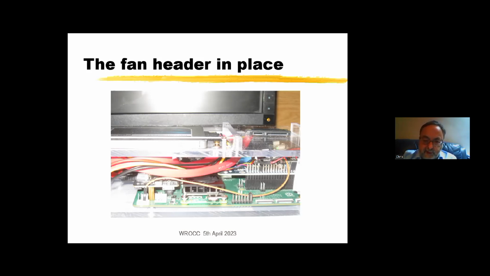On the Compute Module 4, that black thing is a combined heatsink and fan, which bolts onto the Compute Module 4. And in fact, even if you don't drive the fan, that will keep its temperature down to about 40 or 45. But if you drive the fan, it will bring the temperature down to about 37, which is very comfortable.